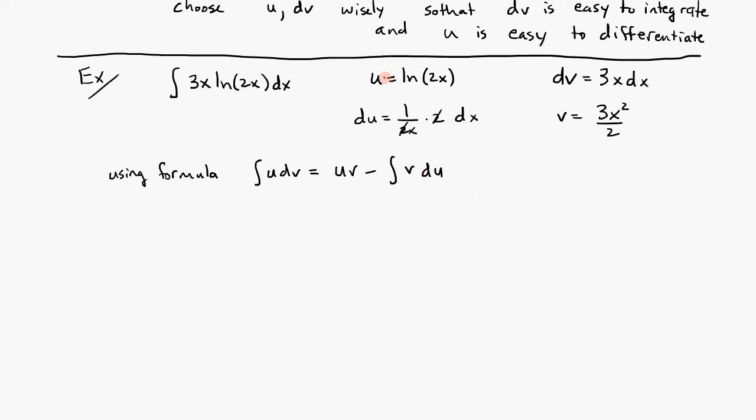So plugging it in, this is u, this is v: ln 2x times 3x squared over 2 minus integral v du. v is 3x squared over 2, du is 1 over x dx.